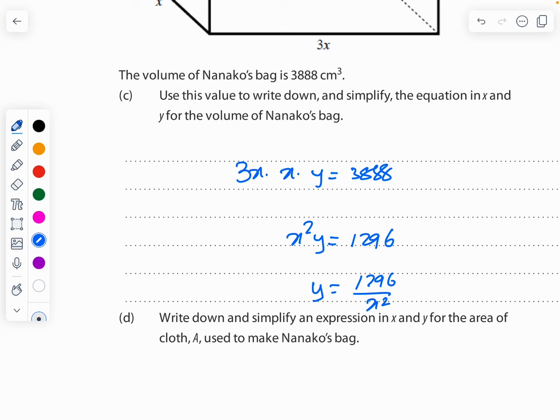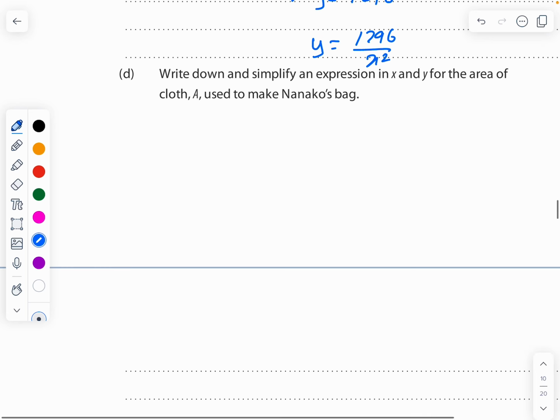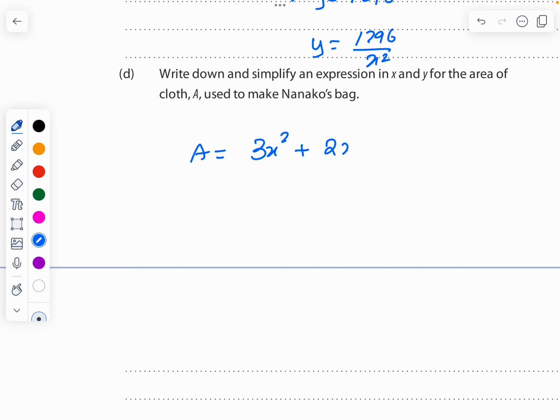Write down and simplify an expression in terms of x and y for the area of the cloth. So the area of the cloth will be 3x squared, then 2 times xy, then 2 times 3xy, which is going to be 3x squared plus 8xy.